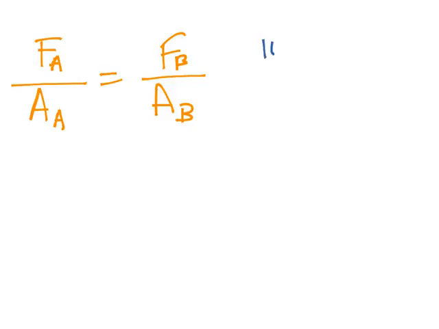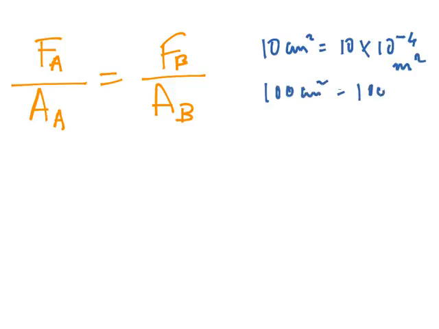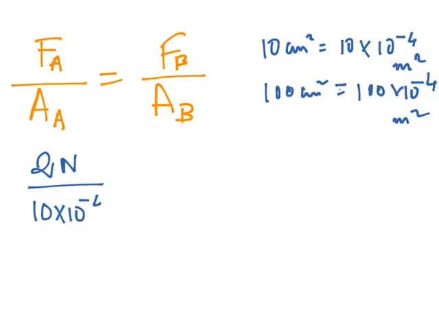So 10 centimeters square will be 10 into 10 to the power minus 4 meters square, and 100 centimeters square will be 100 into 10 to the power minus 4 meters square. FA is 2 Newton, area of A is 10 into 10 to the power minus 4 meters square.